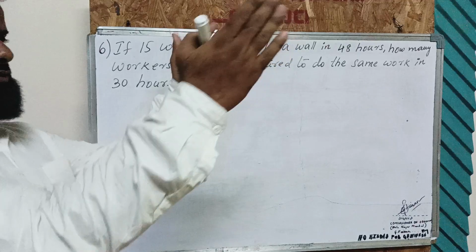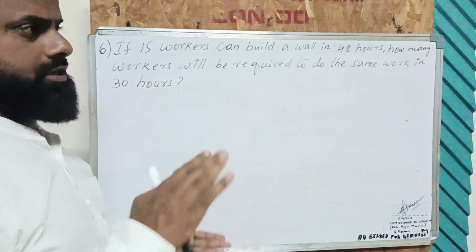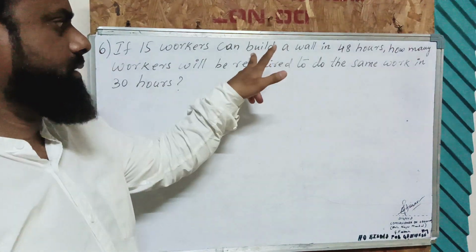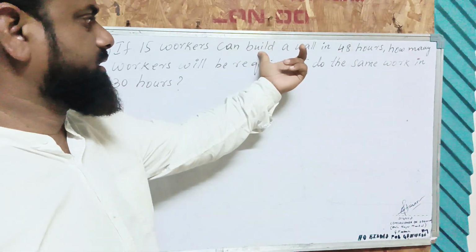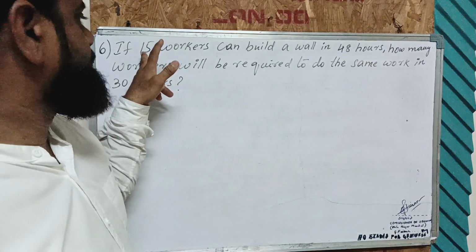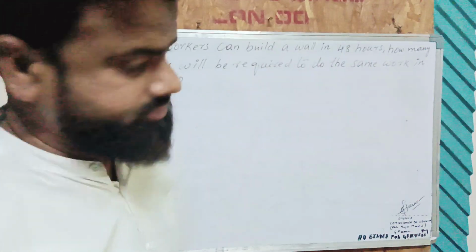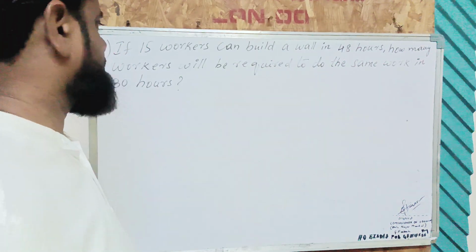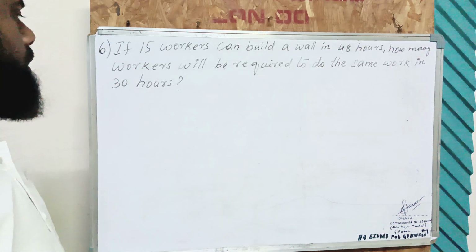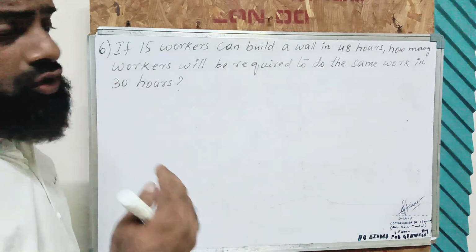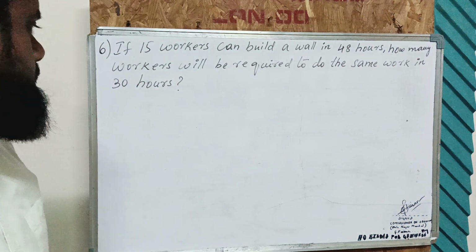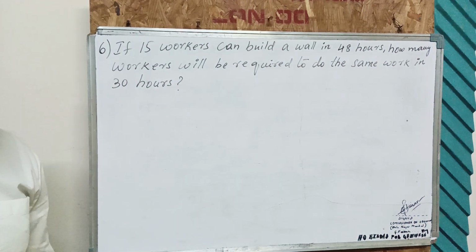The work is fixed, that is building a wall. To build this wall, the 15 workers are taking 48 hours. Now we have to find the number of workers to complete the same work in 30 hours.